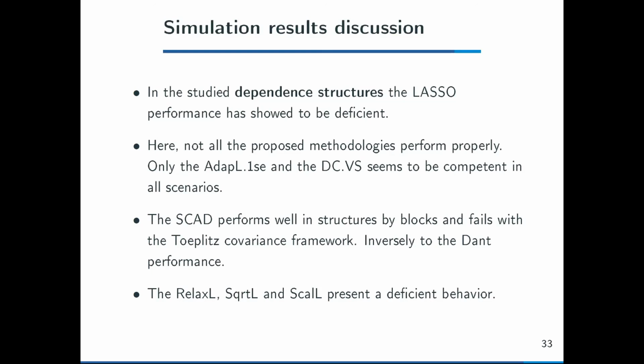Maybe they are not the best ones, but they are really competent in all the dependency scenarios proposed. The SCAD performs well under structure by blocks, but fails in the case of the Toeplitz covariance framework. Inversely, with the damping selector performance. And the relaxed Lasso, square root Lasso, and scaled Lasso present a deficient behavior too.